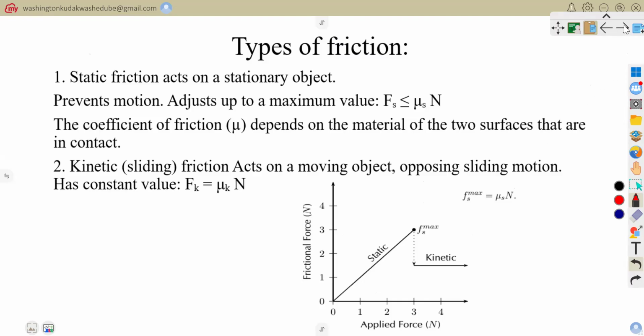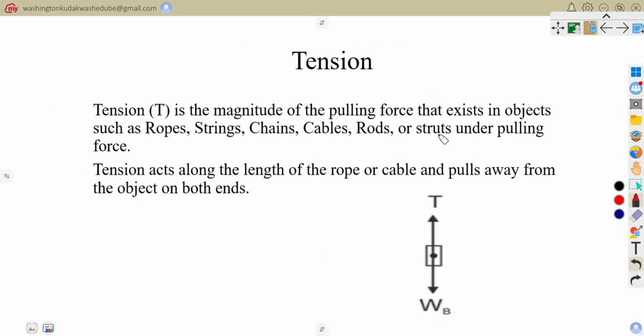Now allow me to move forward to another type of force that we are going to be looking into, which we term tensional force. Now, what we refer to as a tensional force, this is the type of pulling force that you always find, or else that exists in strings, ropes, or chains, or cables, or rods, or struts, which are under pulling forces.